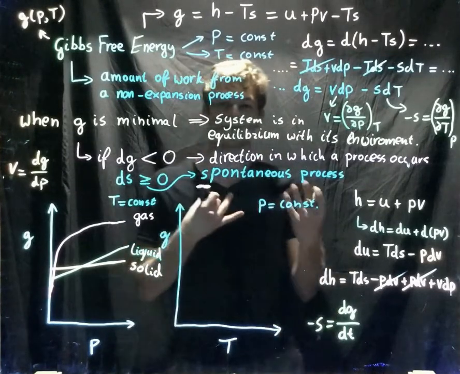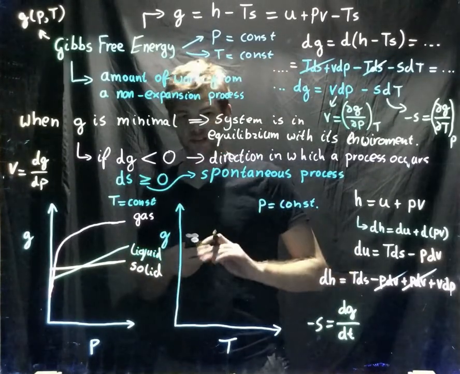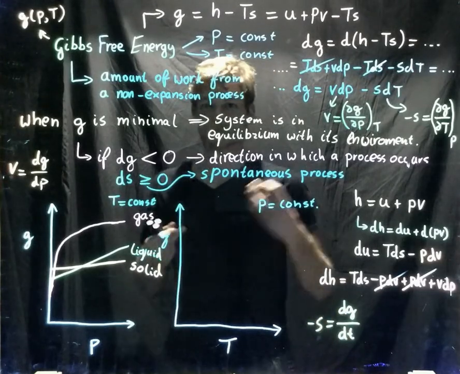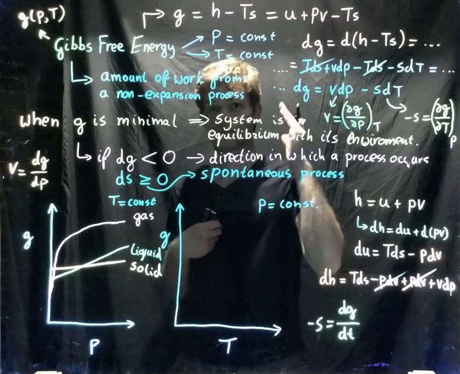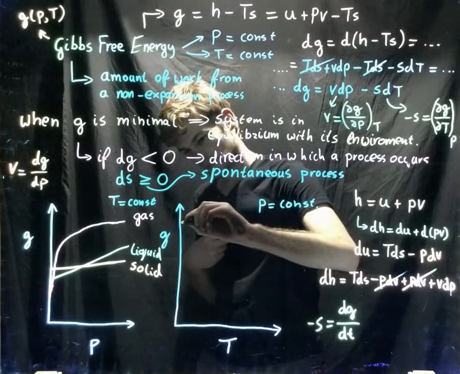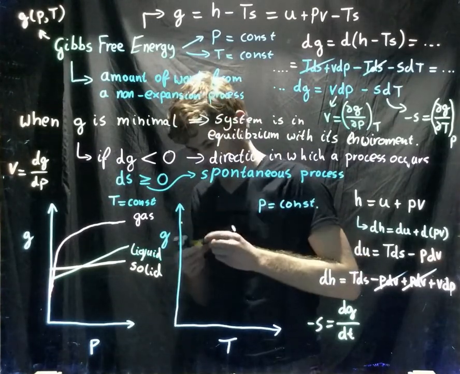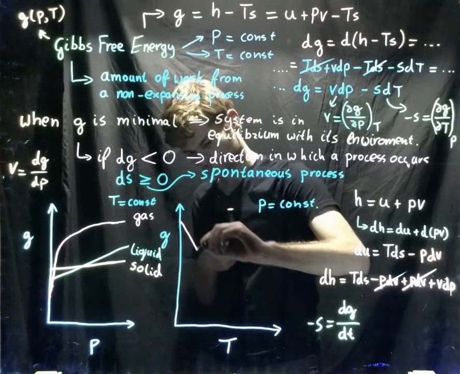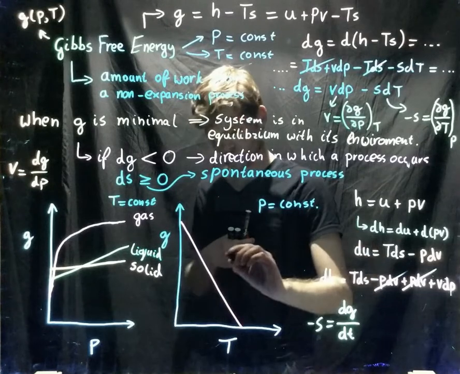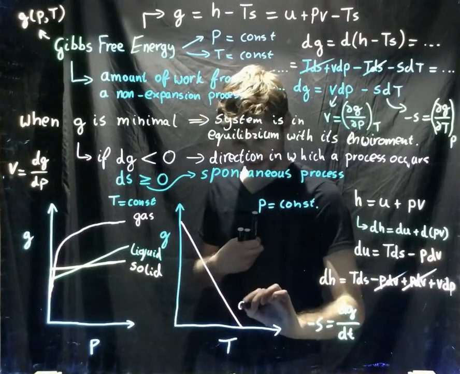Not a lot of movement. And as temperature increases, we know that entropy will increase as well. But since there's a minus, it will have a negative slope, and it will look like this. So this is a gas.